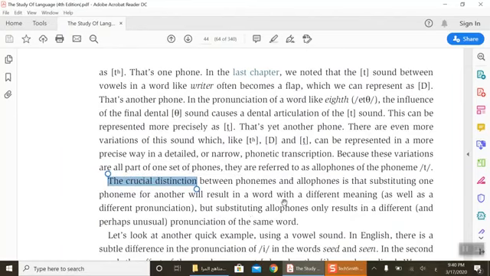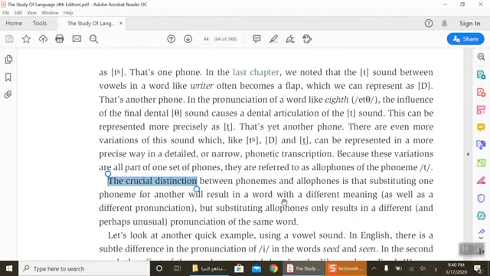But substituting allophones only results in a different and perhaps unusual pronunciation of the same sound. Only the pronunciation changes. We say dogs, only the pronunciation changes, but with a different phoneme the whole word changes, meaning and pronunciation, right?